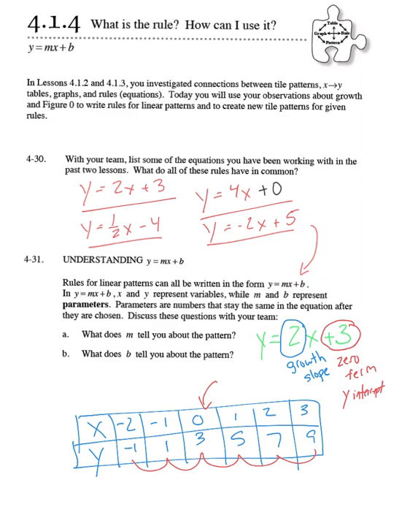This term comes from the idea that when we make a graph, like we're going to do on the next problem, the y-intercept is going to be where the line hits the y-axis. And then the slope is going to be basically the steepness of the line. So let's move on to that.